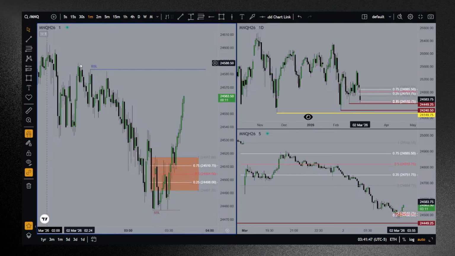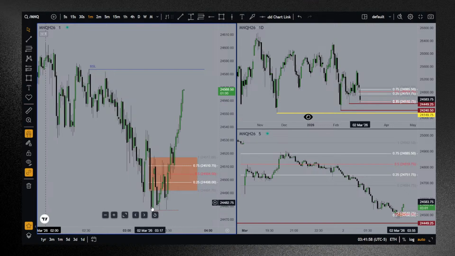So this basically turns into a market maker buy model here, right? With the original consolidation, distribution, redistribution, low, smart money reversal, low risk accumulation runs, and this is where the buy side resides.